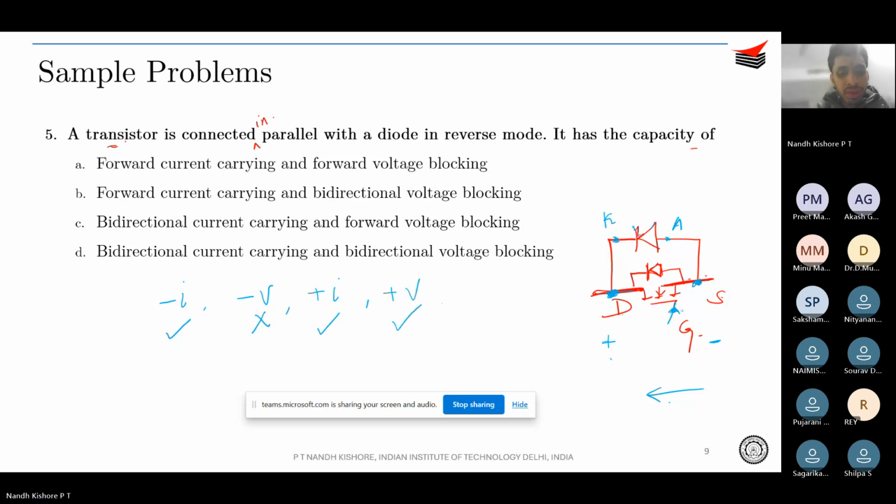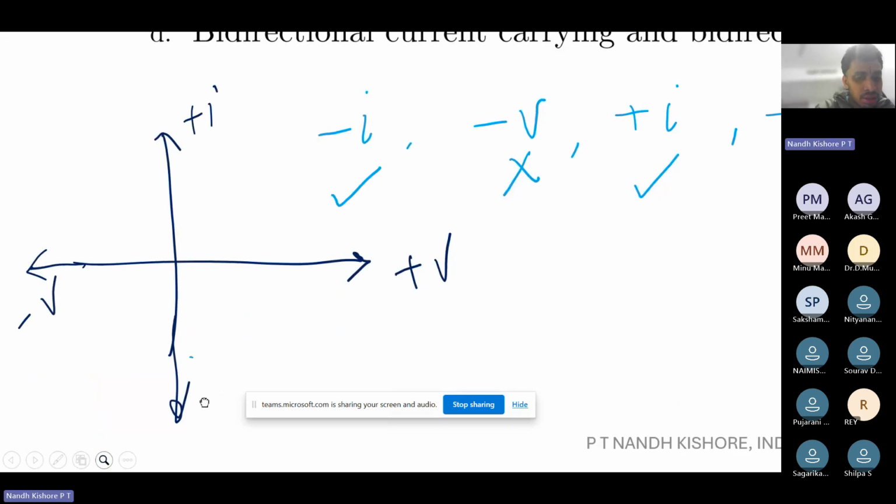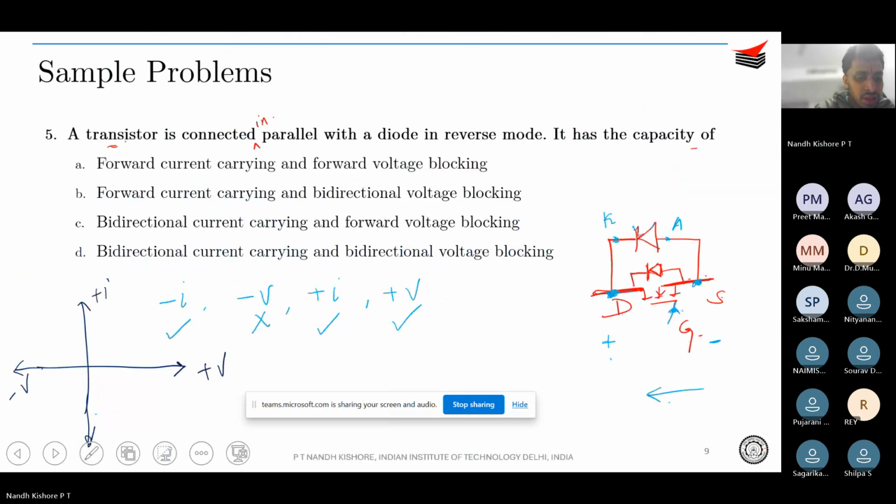So we have got operation in three quadrants, right? If you are familiar with the quadrants of operation of a device, you would understand that you have something like this: plus V, minus V, plus I, and then minus I. So what all are possible?